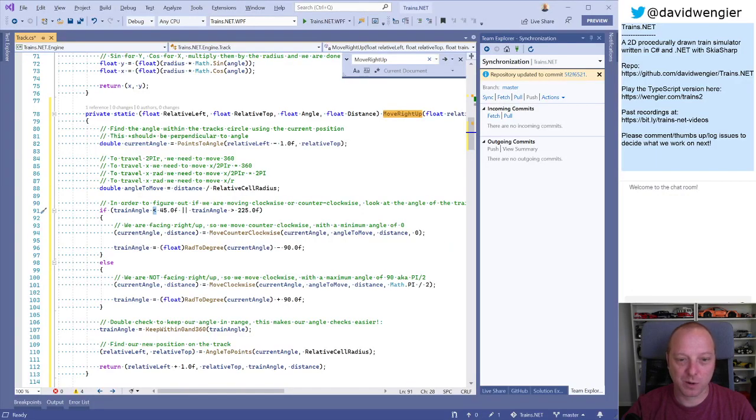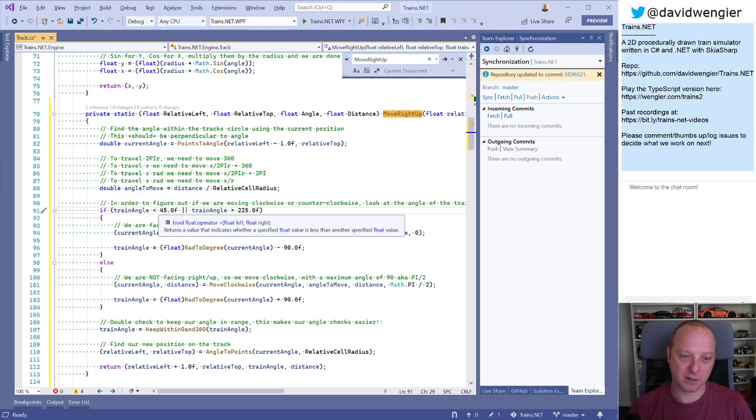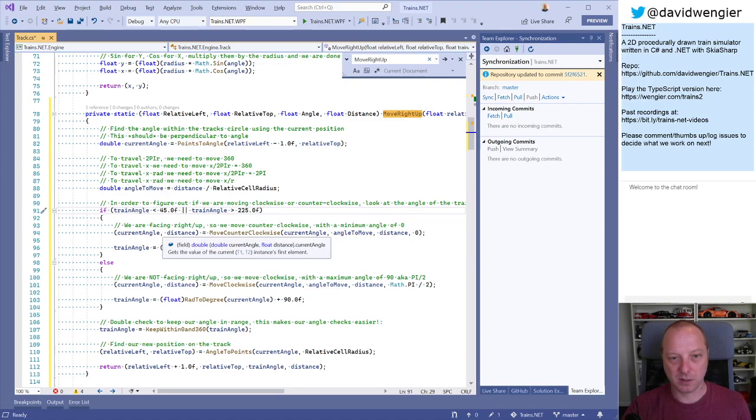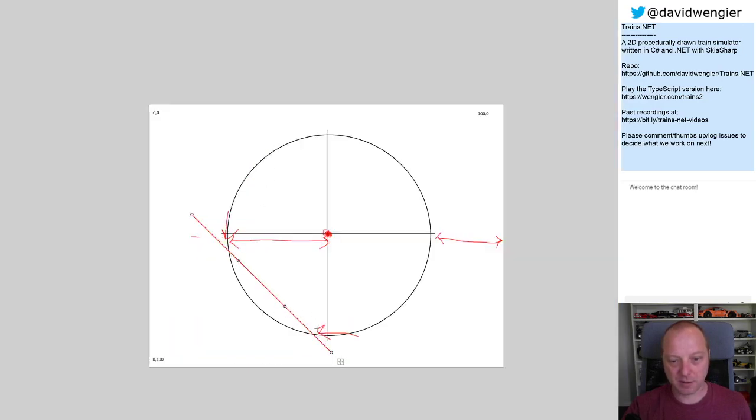What I'm trying to work out is, what is the angle of the train going to be when we're moving counterclockwise? So we're on this path, so we're moving this way. So our angle is going to be essentially between, we're going to start at 180 and we're going to end up at 360. So any of those angles, we're moving counterclockwise.